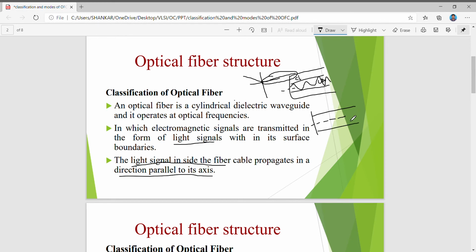For this fiber axis, let us incident the signal here. This incident signal will be reflected inside the waveguide. The transmitted signal, which is parallel with the axis, represents this point: the light signal inside the fiber cable propagates in a direction parallel to its axis.